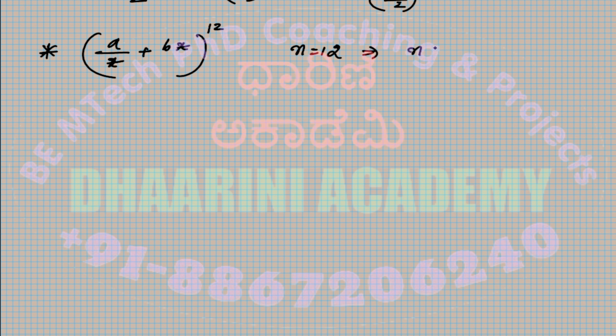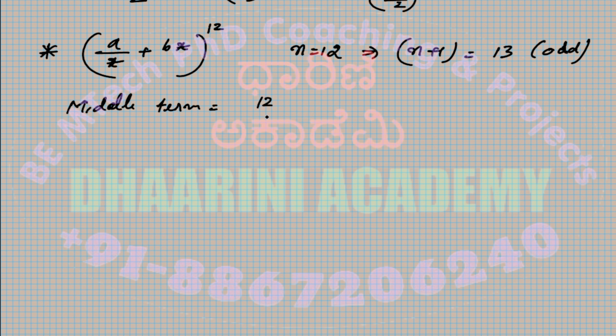This implies n plus 1 is equal to 13, so there is an odd number of terms. When I have an odd number of terms, the middle term is the (n/2 + 1)th term, so 6 plus 1, that is the seventh term.